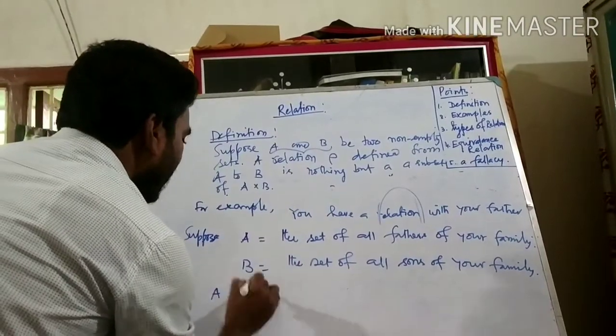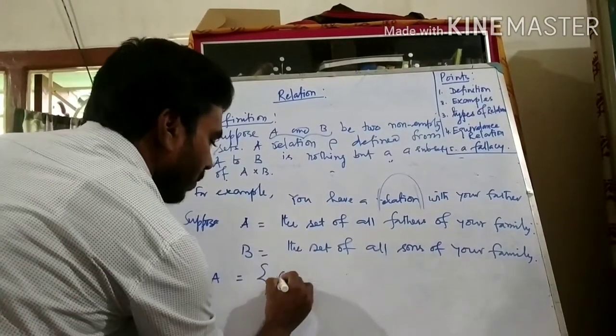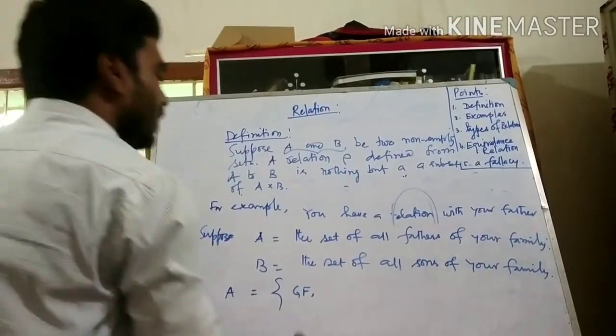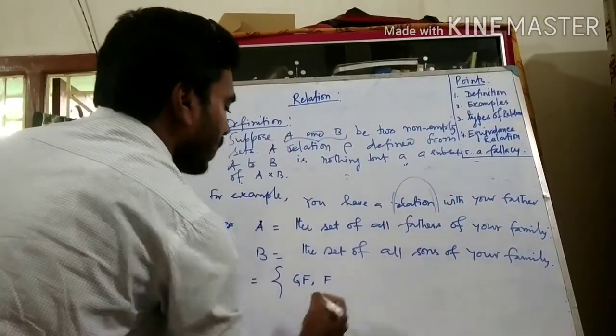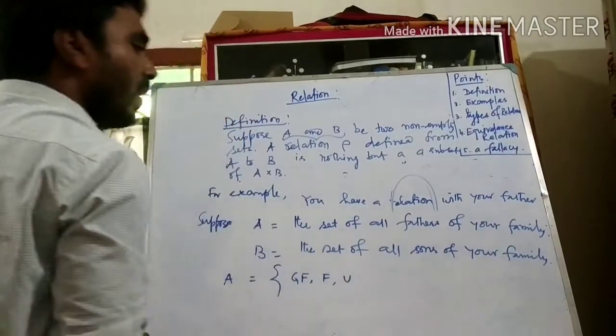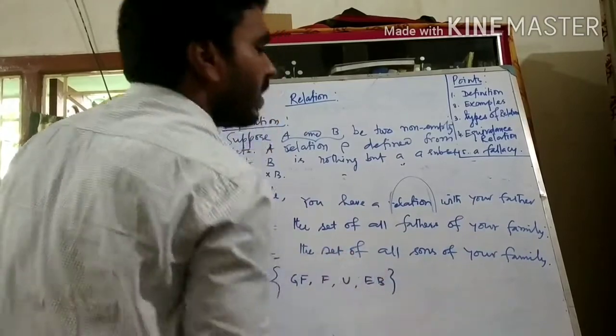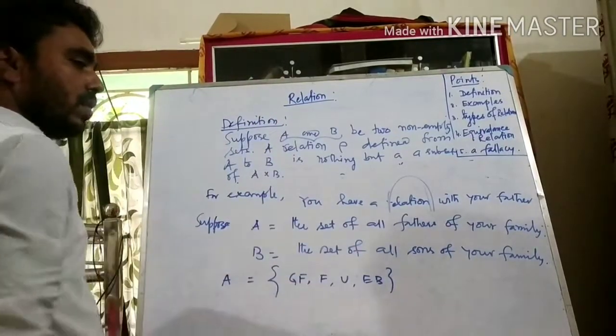Suppose the elements of A start from your grandfather, GF. GF means grandfather. Then your father will come here, then suppose your uncle, and you have, say, an elder brother. So these are all members of this set.